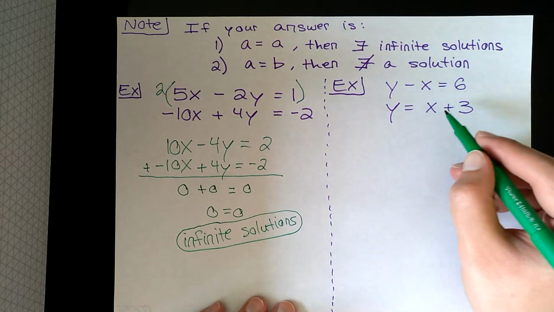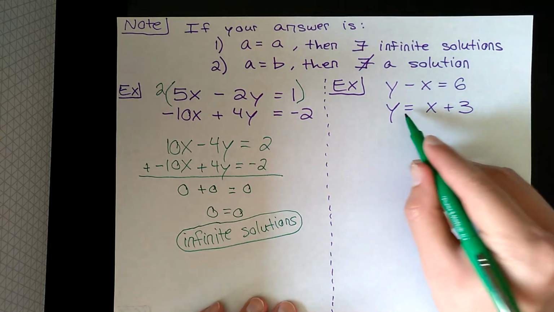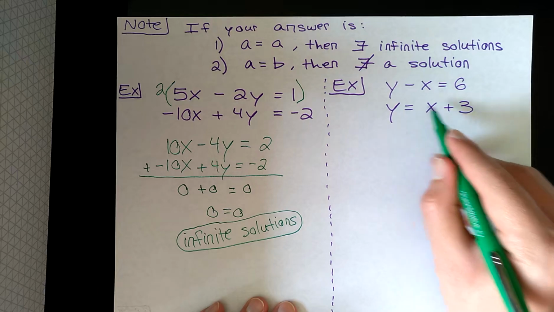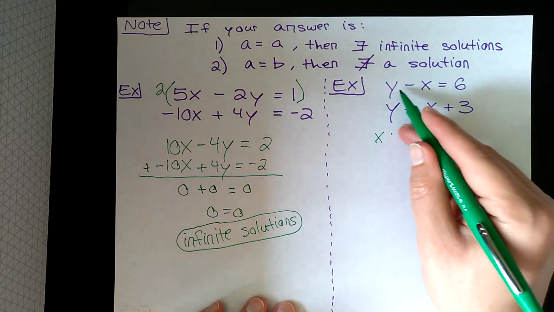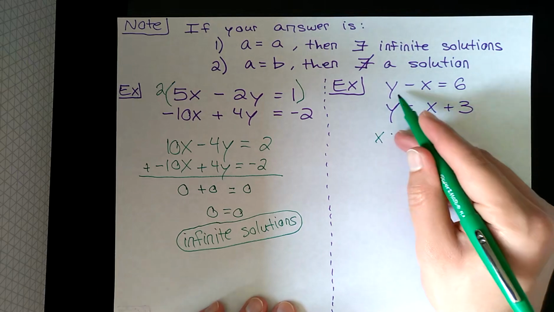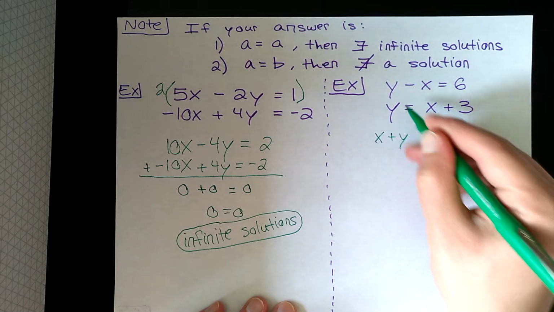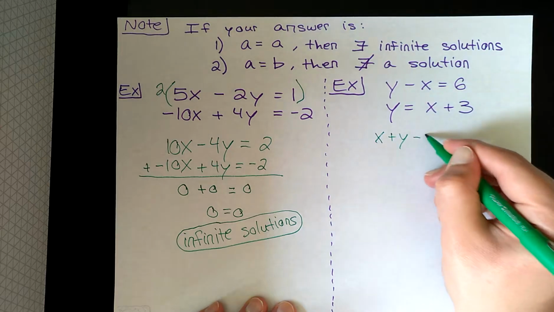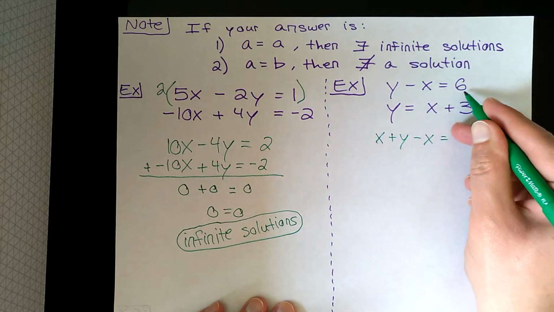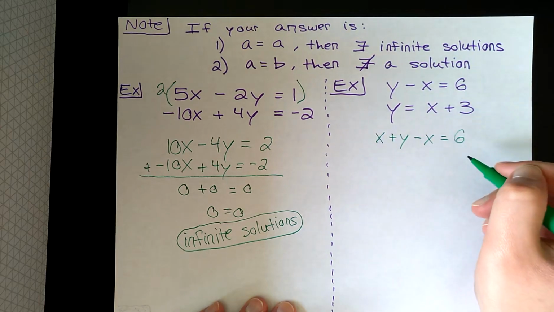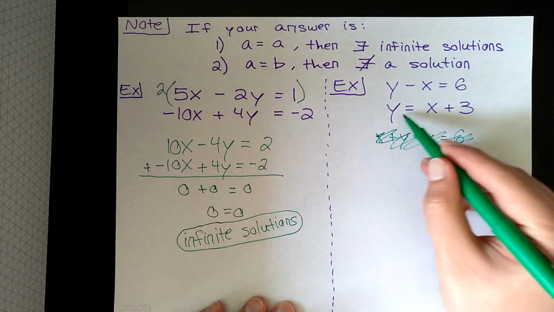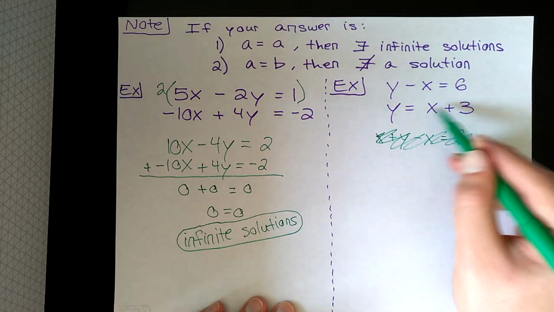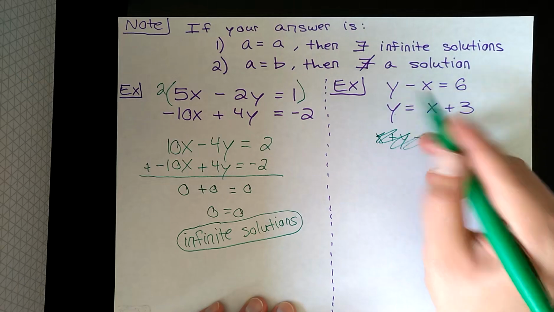From here, we'll quickly use the substitution method. We can take y equals x plus 3 and plug it in for this y. So we have x plus 3 for y minus x equals 6. Oh, I copied that down wrong. I apologize. Again, we're plugging x plus 3 in for y.